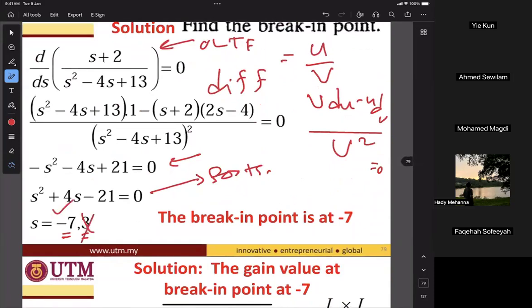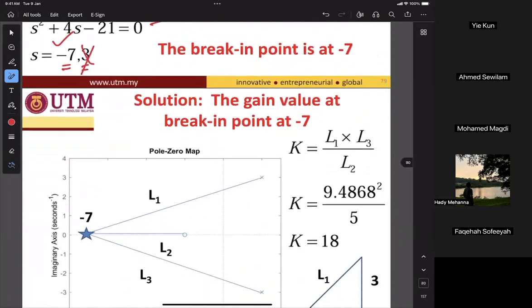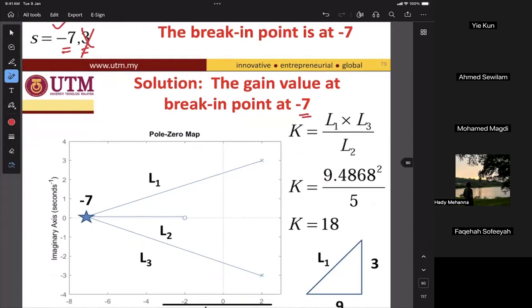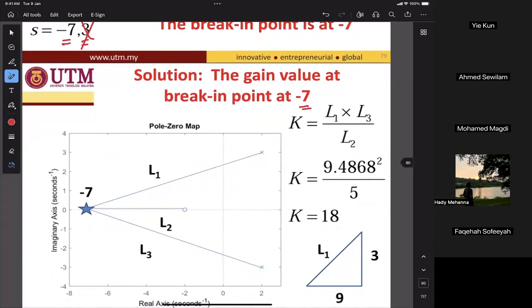We choose -7. And then the gain value at the break-in point at -7 is calculated by this formula, which is K equals L1 L2 L3 over the lengths. So this is +2, and the length of here is j3, am I right? So this is 3.